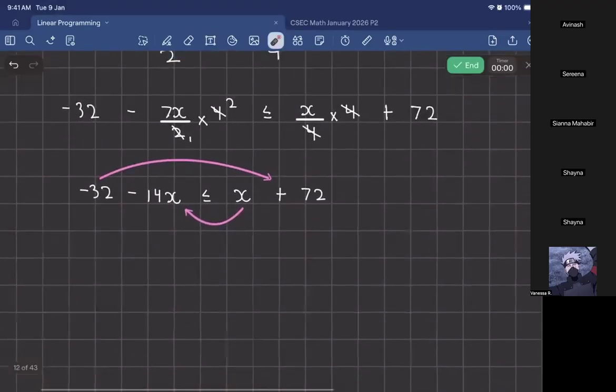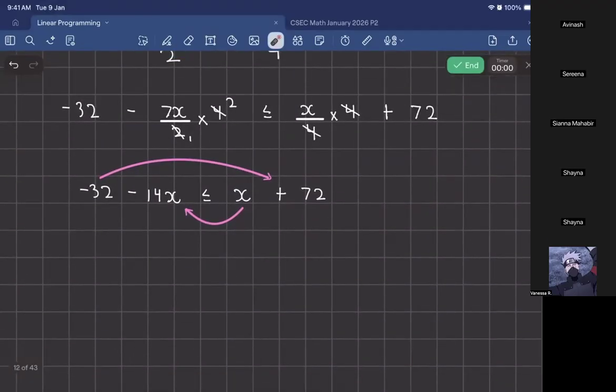Now I need to elaborate something. Let me show you the multiple ways you could write it. So if you wrote minus 14x, and Amira, since I moved across the x, what would it turn to now? I moved across the x. What should it turn to? Negative.